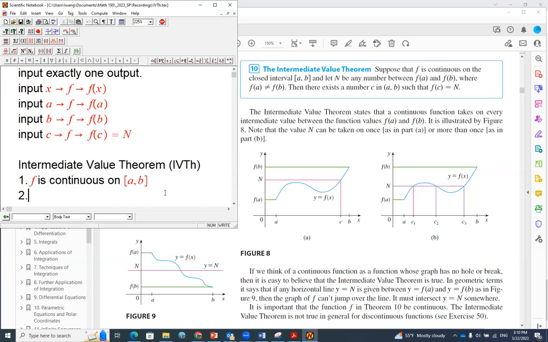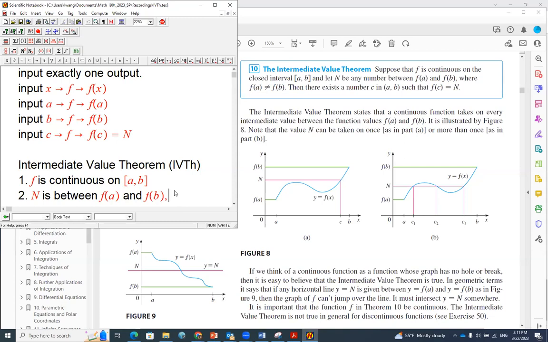Okay, so number two is that capital N is between f of A and f of B, and provided that f of A and f of B are not the same.